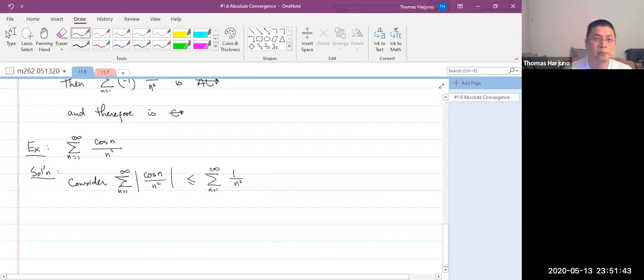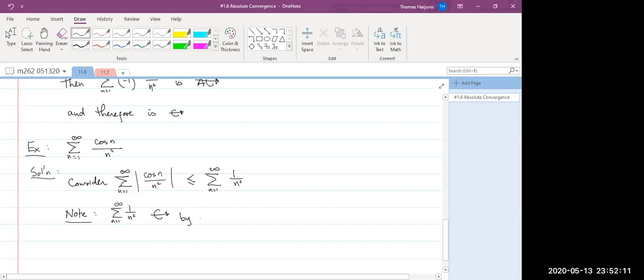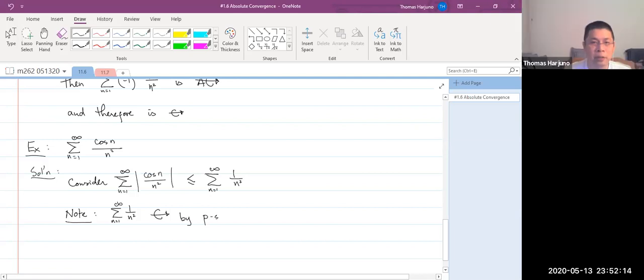Note that this series here is convergent by the P series test, P equals 2, which is greater than 1.